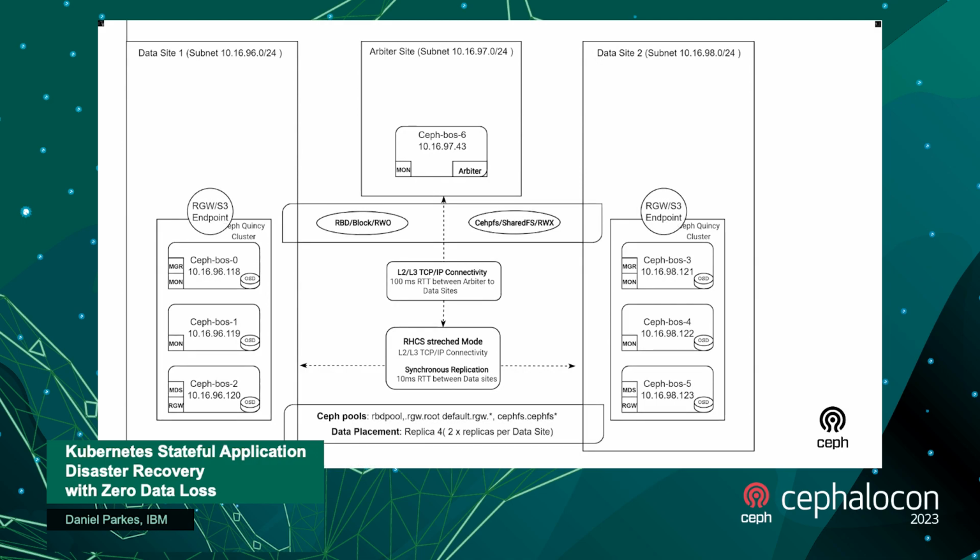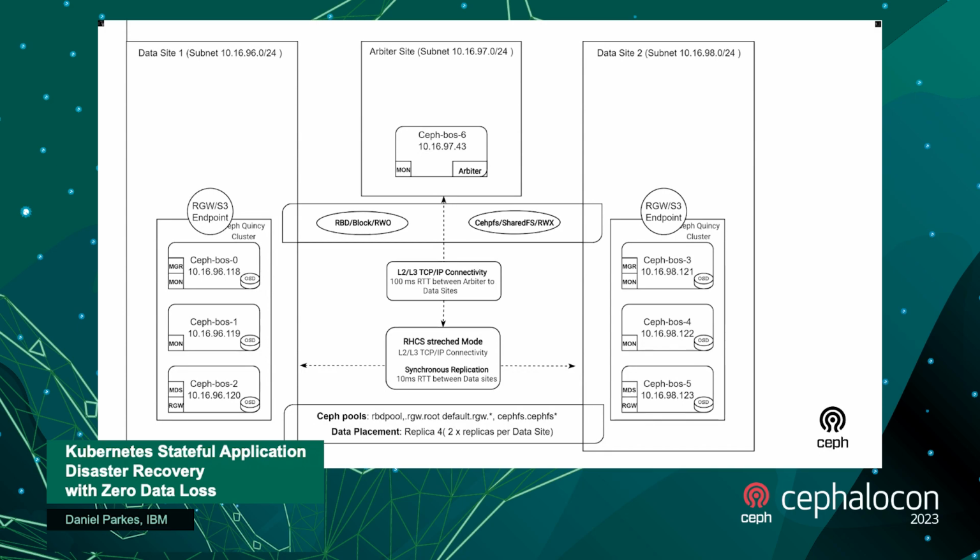So continuing with the same example that we had before, we offer a shared storage layer with block and file system to our Kubernetes clusters that we are going to connect now to this stretch cluster. One thing that I wanted to mention that is very important is that we need to have replica 4.